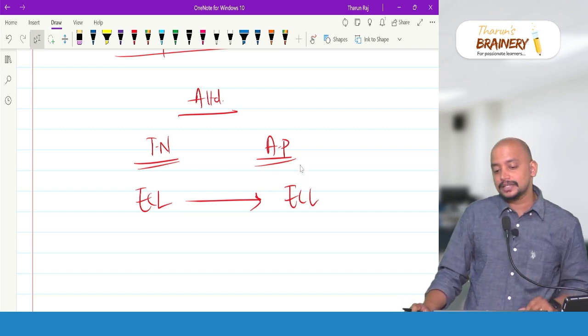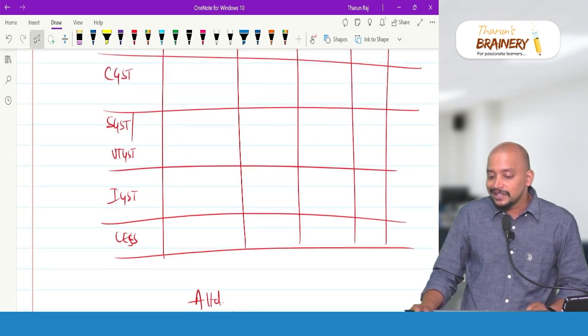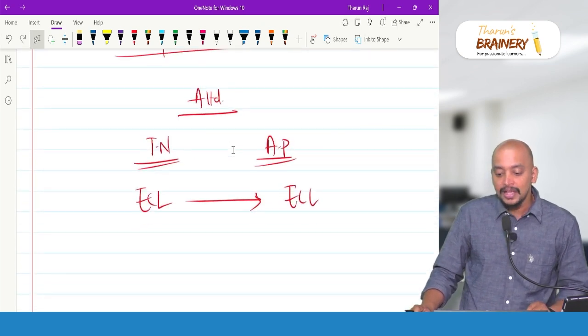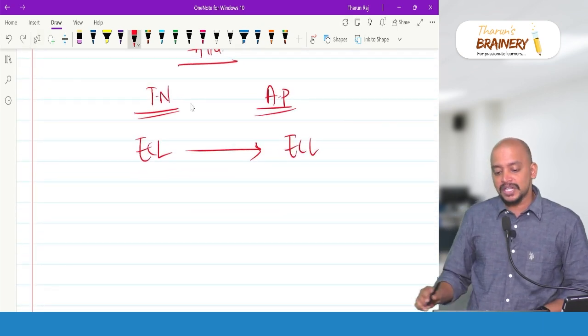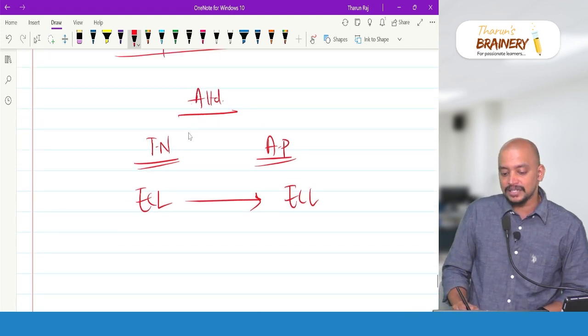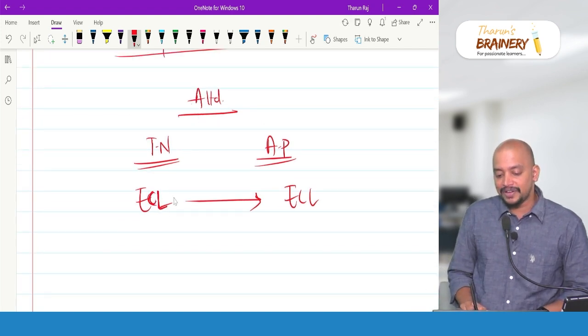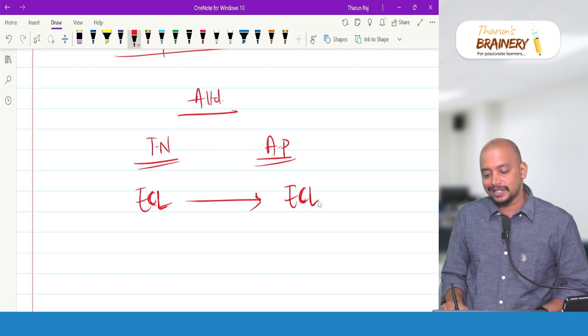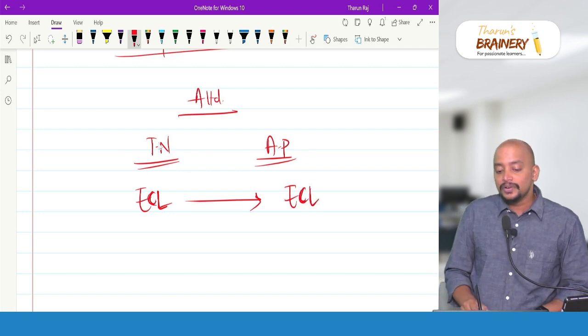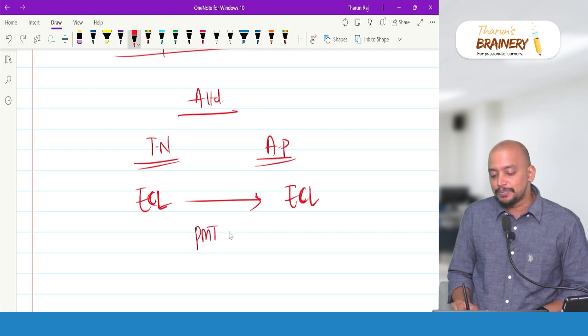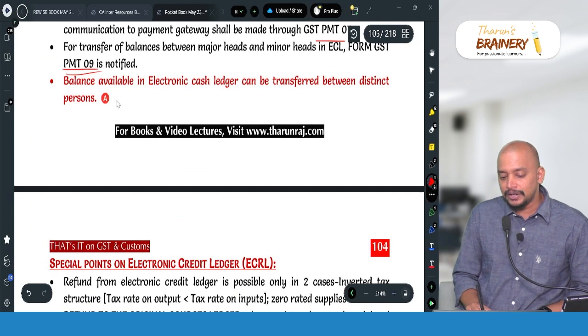Previously, the balances could be transferred between these cells, from one cell to another cell. But now, the balance can be transferred between the distinct persons, from electronic cash ledger of one distinct person to electronic cash ledger of another distinct person. For transferring these balances, we have one new form, that is PMT 9A. So, just write down what is the form? Form GST PMT 9A.